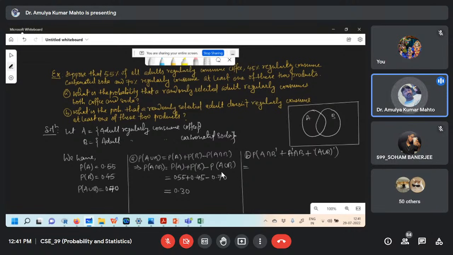So A union B dash is the whole outer part. And then only A, not B, is this region.